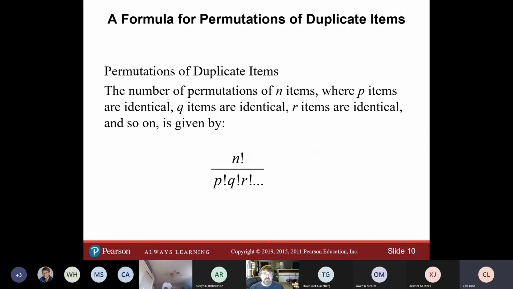Finally, for permutations, duplicate items. Sometimes you'll have a series of items and something will appear more than once. The most common example used for this type of problem are letters.